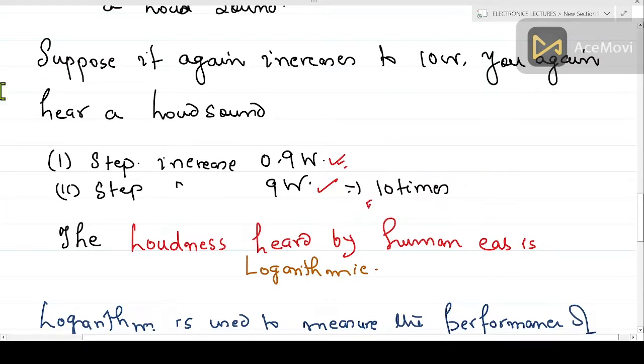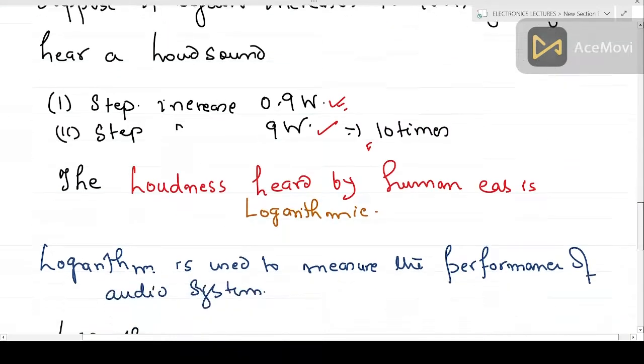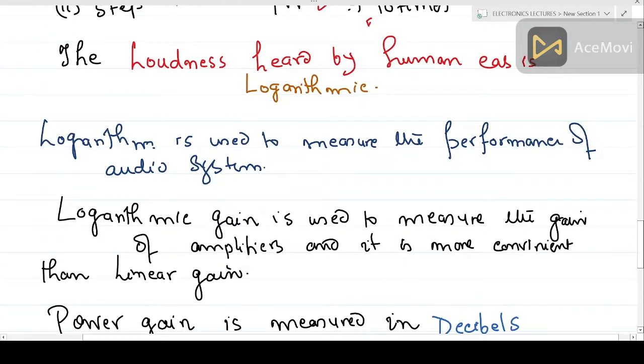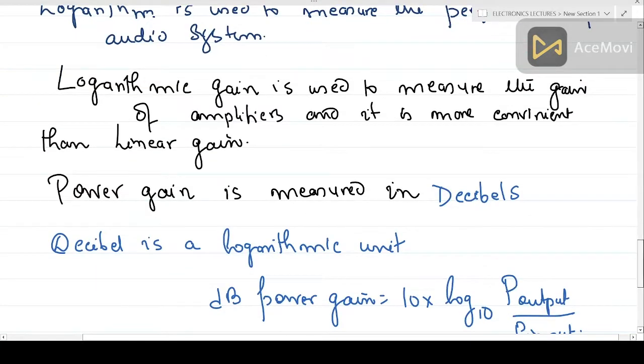The loudness heard by the human ear is logarithmic in nature. That is why for the performance of audio systems, musical devices, speakers and microphones, logarithmic measurement is used. That is why we use the power gain in decibels.